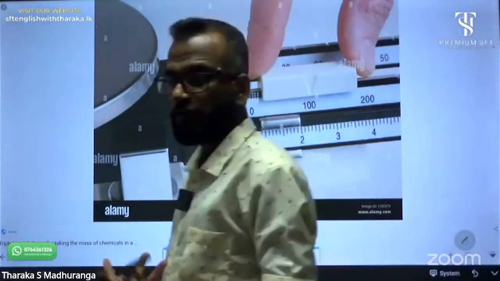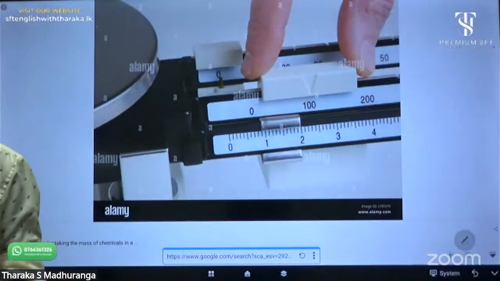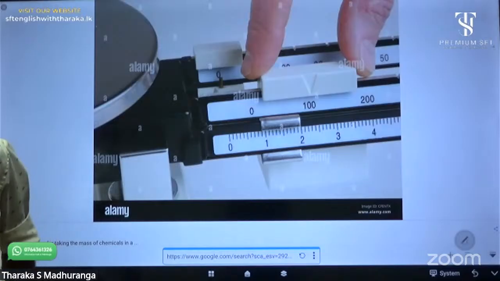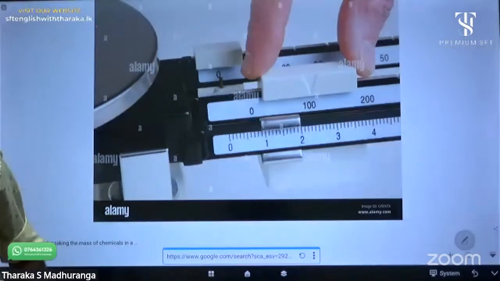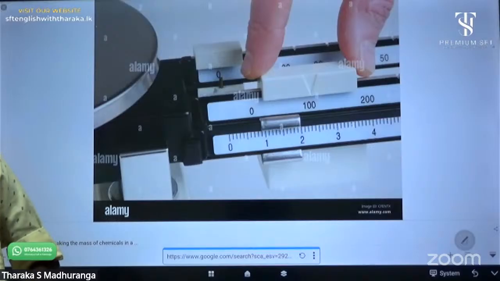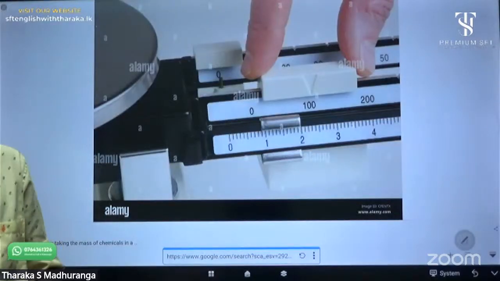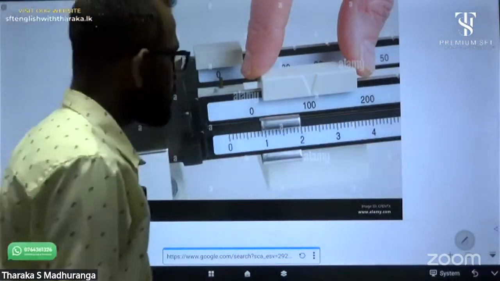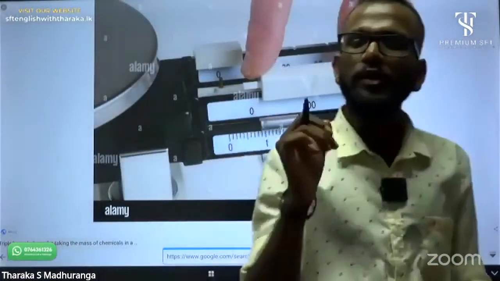What is the least count of the instrument? Very good, Vinay. Actually it is 0.1 gram.